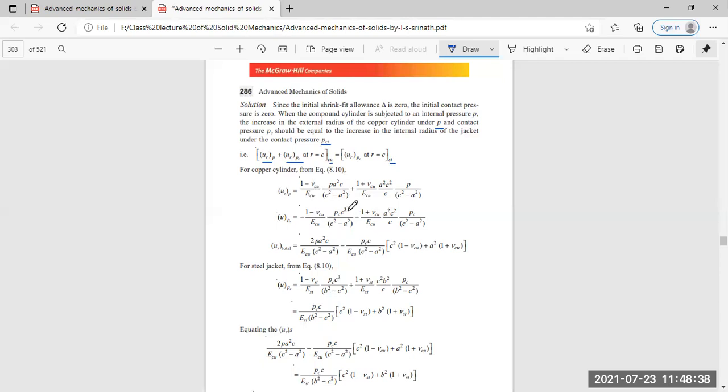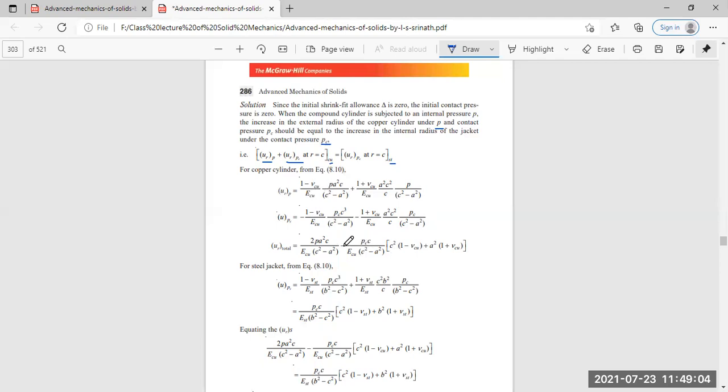With C cubed divided by C squared minus A squared, plus or minus (1 plus V) over E, with PC itself and C squared minus A squared itself. So total, you have to add them together. Actually, we are subtracting this portion from here because this is creating compressive load and this is creating tensile load.